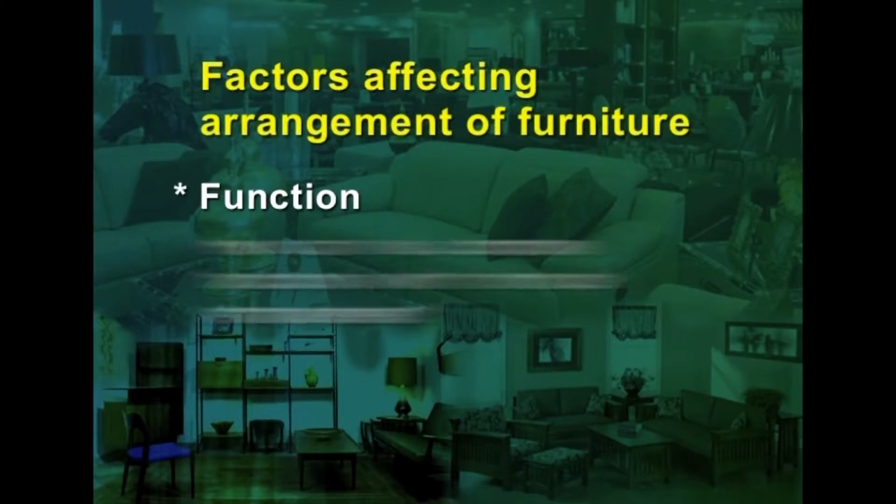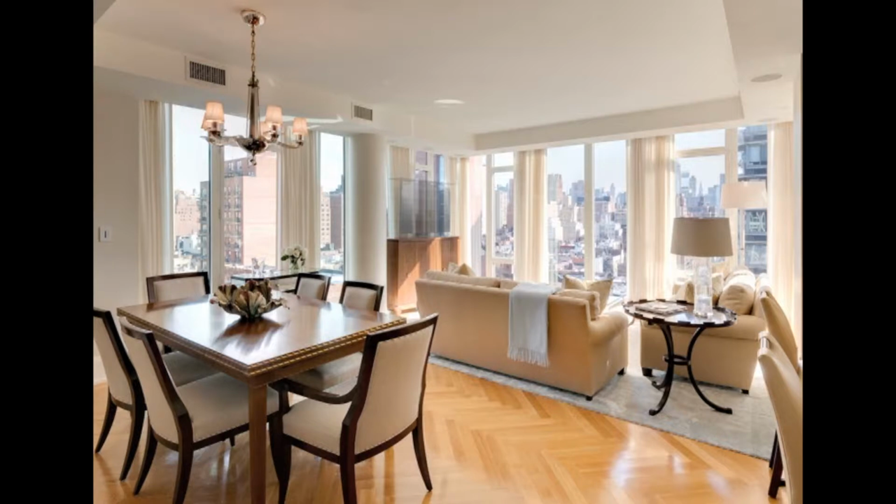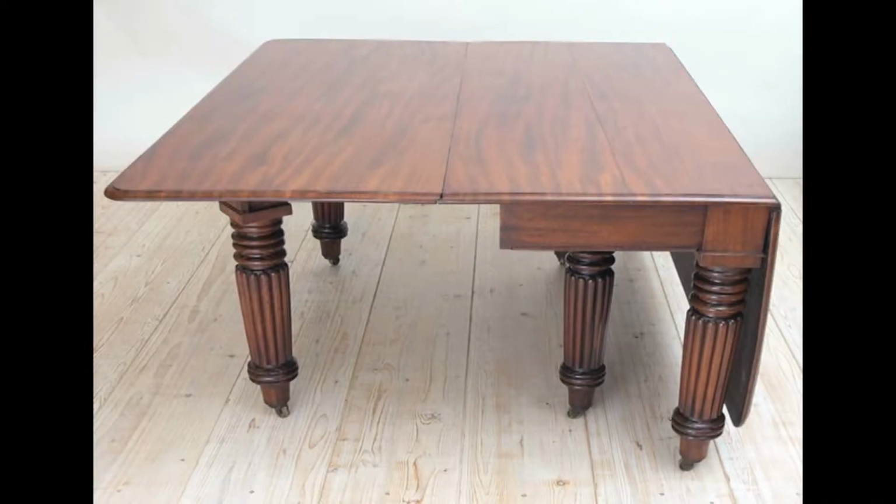Form should follow function. Now, how can we combine functions with furniture arrangement? Living and dining areas can be combined. A drop leaf table can double as a sofa table.